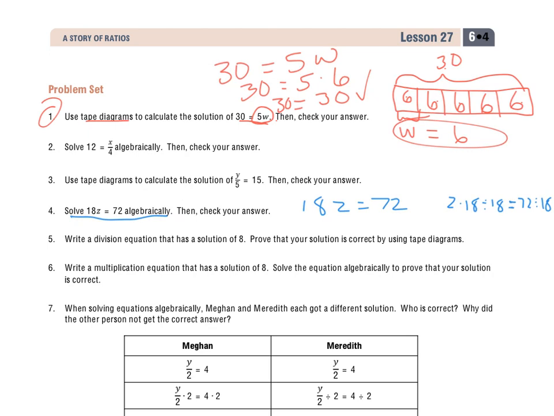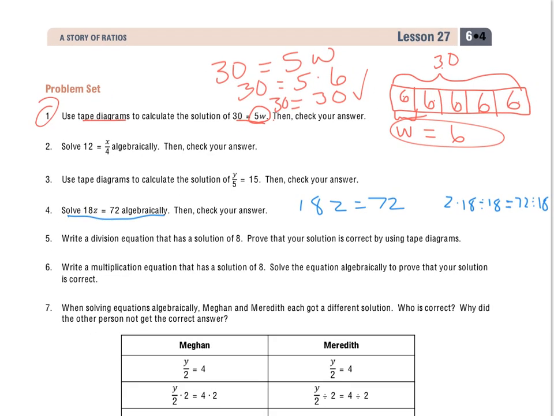So as I take a look at this, z times 18 is 18z, divided by 18 is just z. And then 72 divided by 18 will get me 4. So z equals 4. The other way I could show it, that's horizontally.